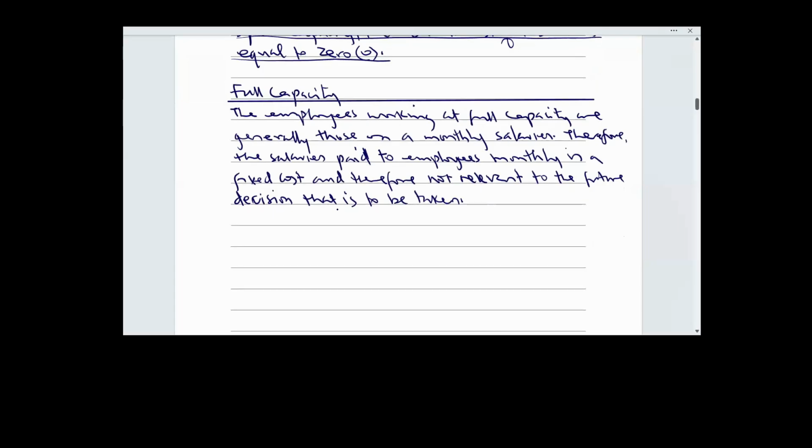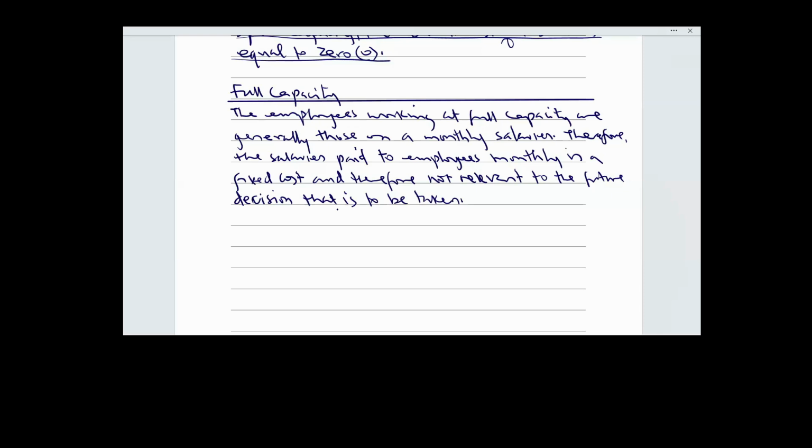So when you are given a fixed cost, or you are told that the engineers or the employee is working at full capacity, you should be able to deduce from the question whether the salary paid is relevant or irrelevant. So like I said, because the salary is fixed in nature, therefore it is not relevant at all, except it is incremental in nature.